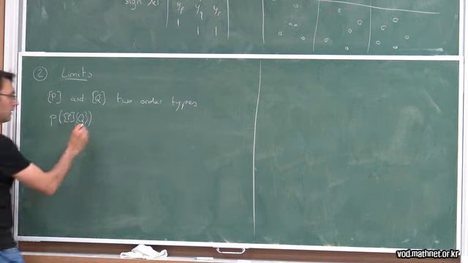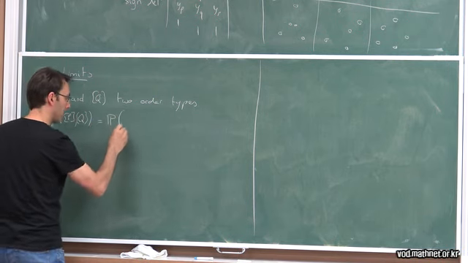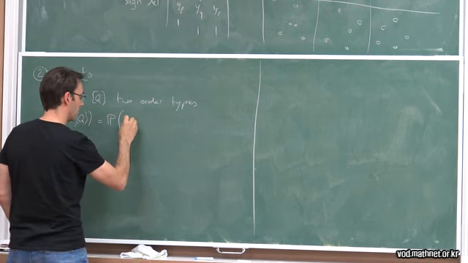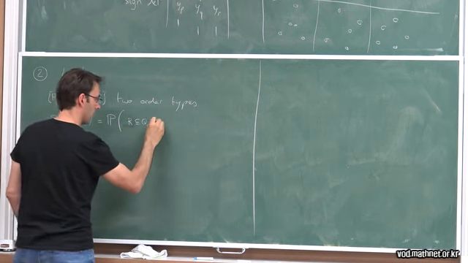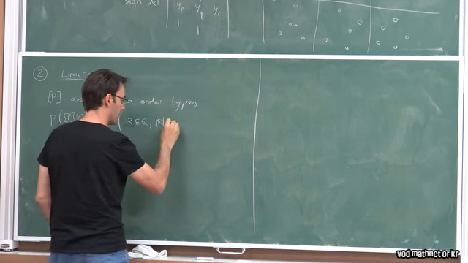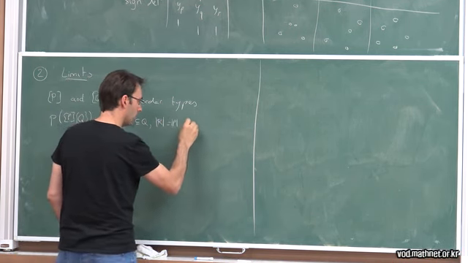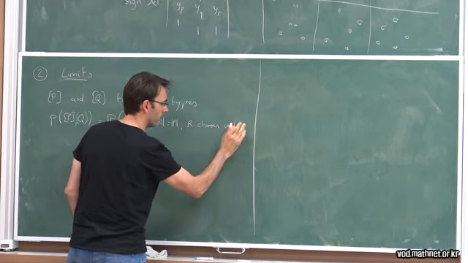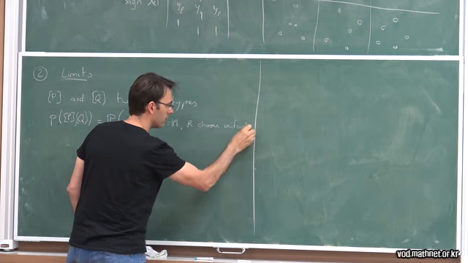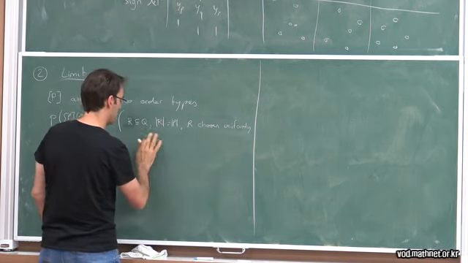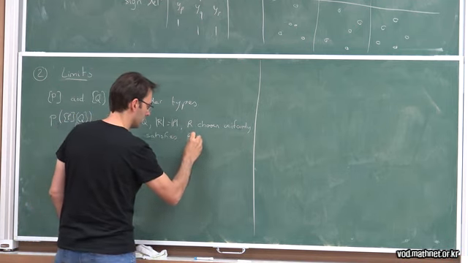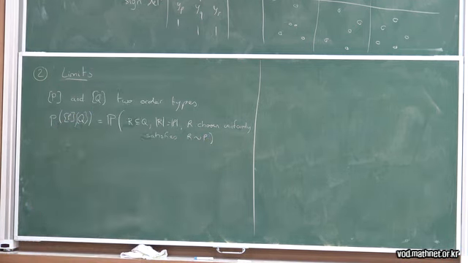Okay? So that is the probability that R points in Q, with the same size as P, chosen uniformly, satisfy that.